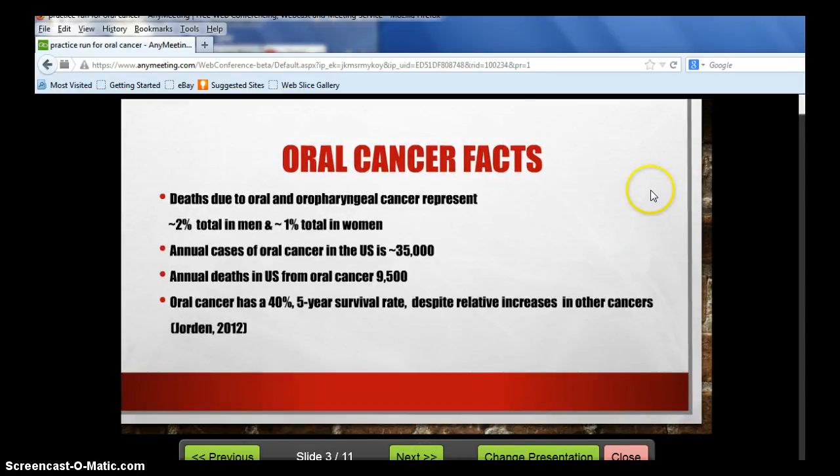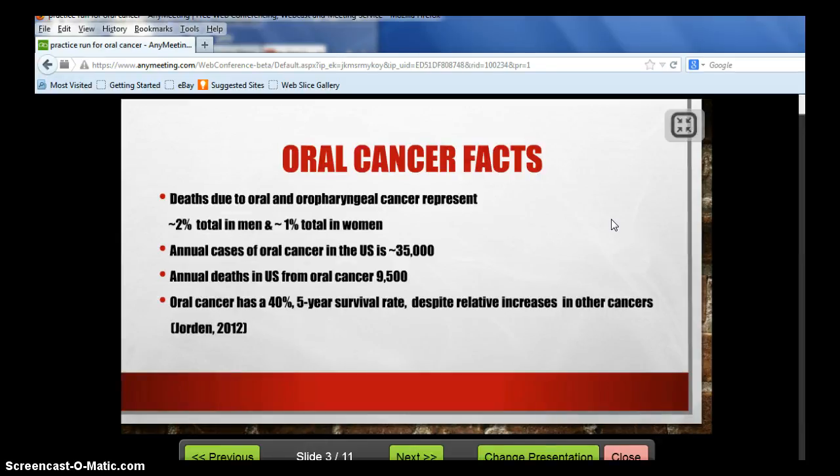Deaths due to oral and oropharyngeal cancer represent approximately 2% total in men and 1% total in women. Annual cases of oral cancer in the United States is approximately 35,000. Annual deaths in the U.S. from oral cancer is about 9,500.